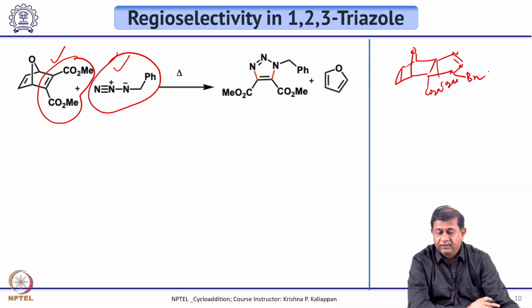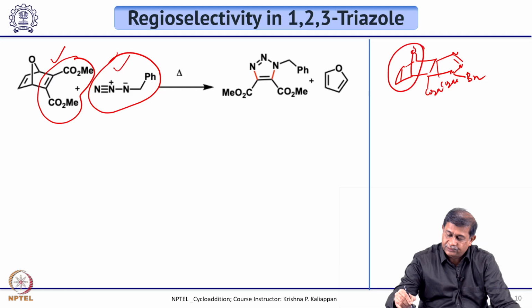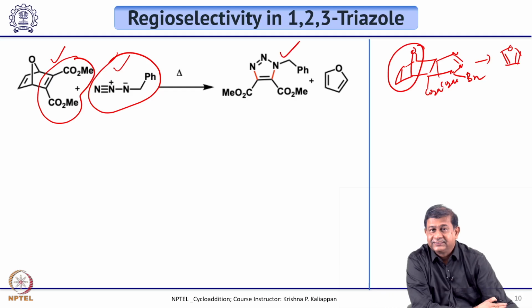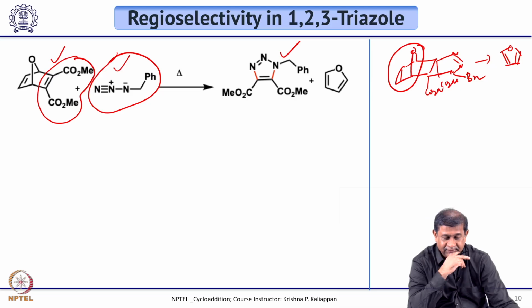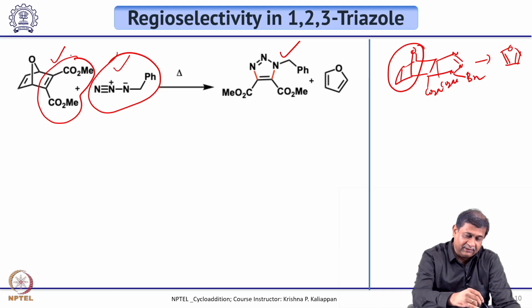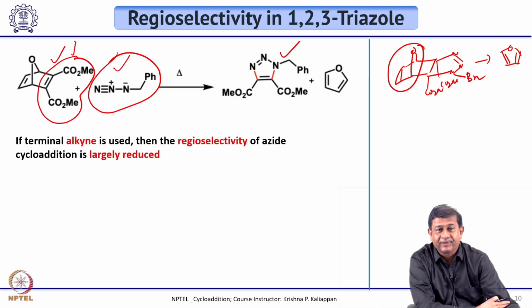Now this can undergo a retro 4+2 to give furan and the other substituted triazoles. This is possible because we have already discussed it in the retro Diels-Alder reaction, and similarly you can see the same in the retro 1,3-dipolar cycloaddition reaction. Again, the dipolarophile is symmetrical.